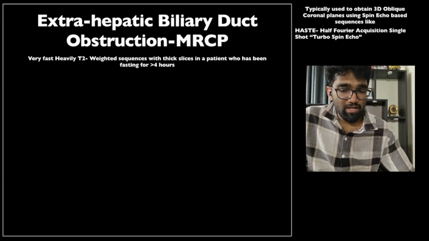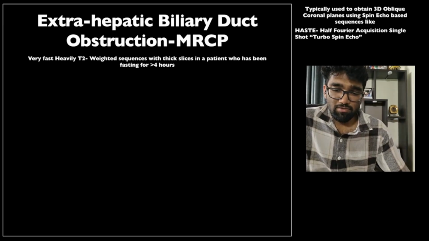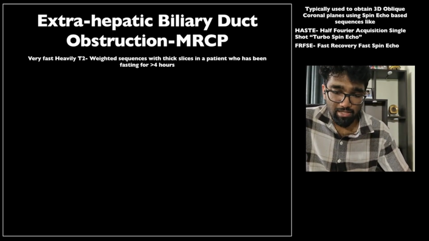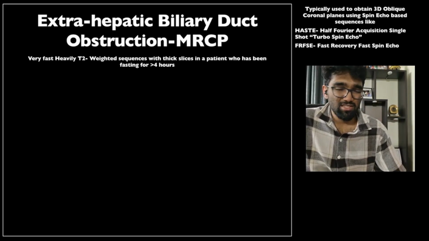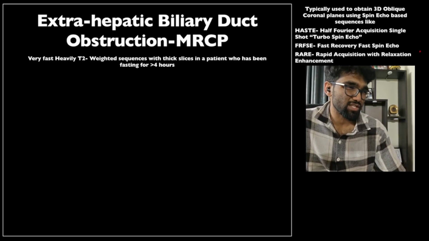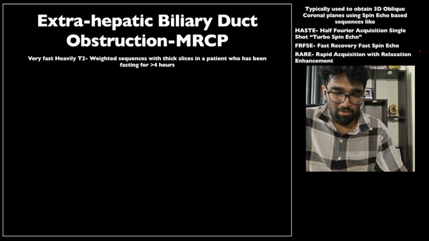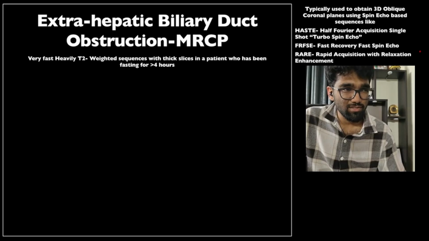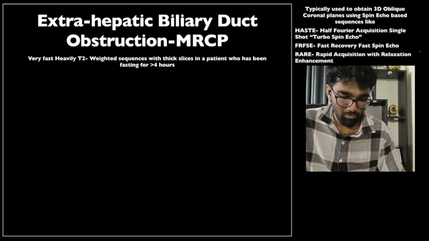Now, FRFSE is fast recovery fast spin echo, and the last one is RARE, that is rapid acquisition with relaxation enhancement. These are the three sequences that are done, and you need to know the names. As of now, that is enough. There's a lot of nuance to this, and we'll talk about this later.